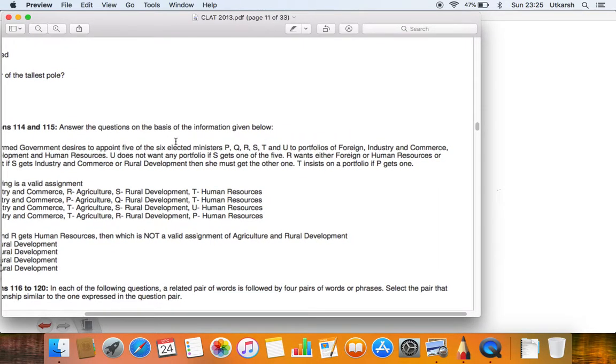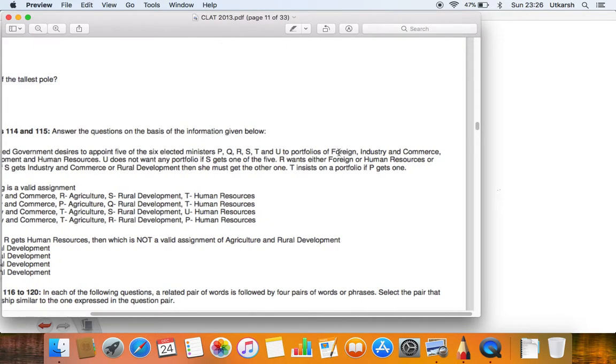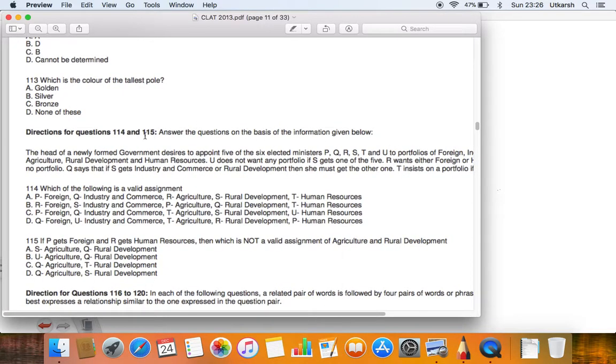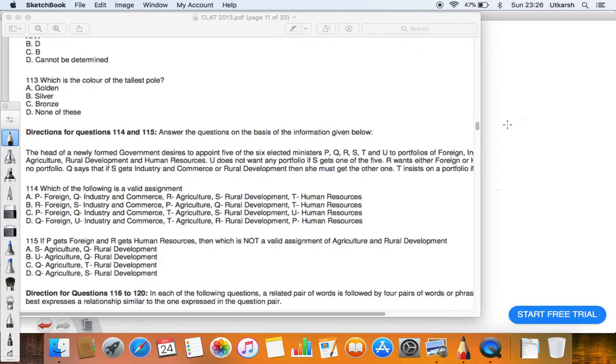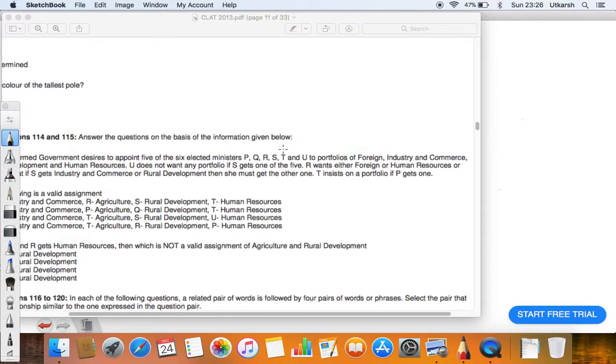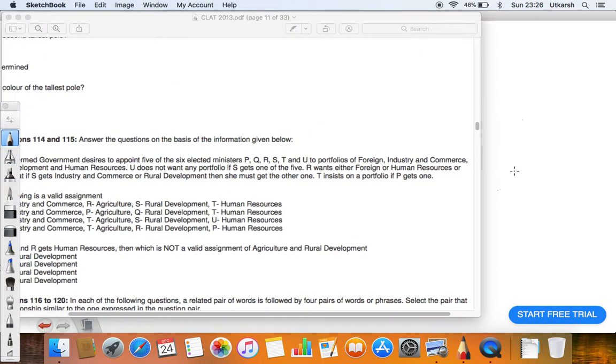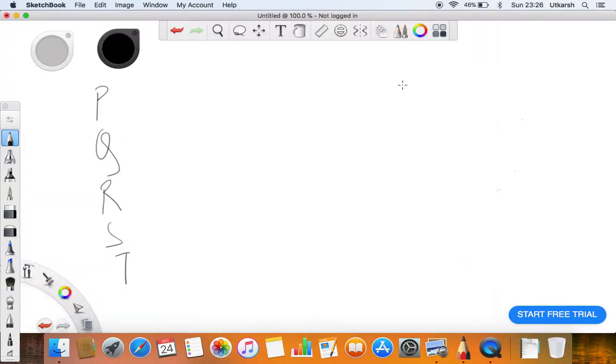All right. So let's do this. One, two, three, four, five. So you have five portfolios between six ministers, and the portfolios are: first, foreign. Second is industry and commerce.